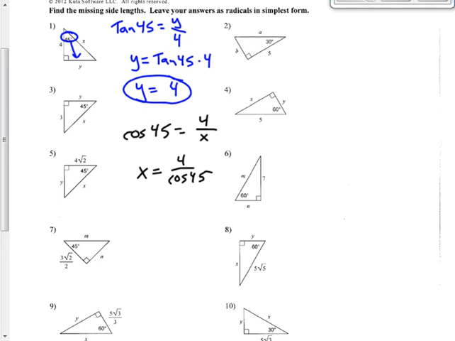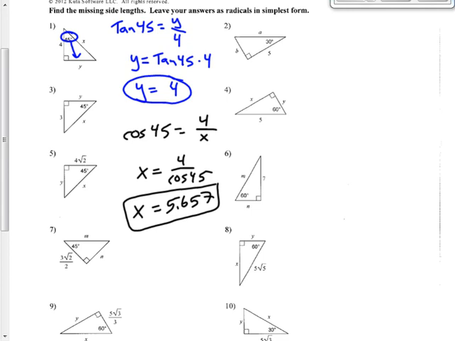The cosine of 45, if I'm looking on the unit circle, is square root of 2 over 2. But I'm okay with you getting the decimal version of this. And let's round to 3 decimal places, so 5.657.